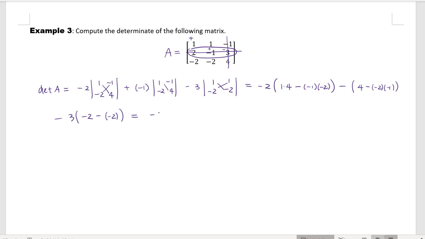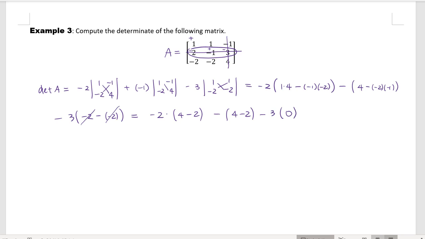Let's see. So this is 4 minus 2. And this is also 4 minus 2, right? And this guy, -2 plus 2, they cancel.